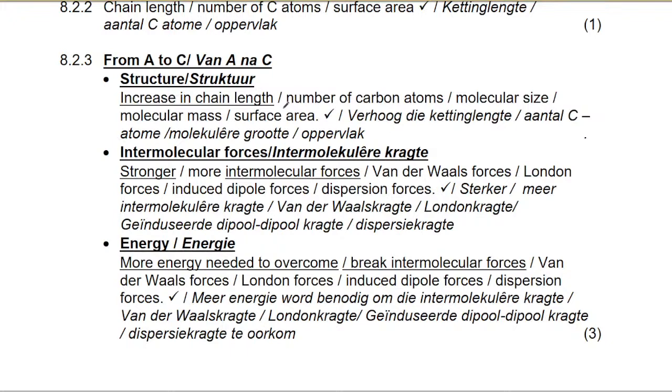What the learner wrote here is that compound C has a longer chain length than A. The intermolecular forces in compound C are stronger than those of compound A, which results in the energy requirement in C being more than in A. So they did not just write it from A to C. Thank you.